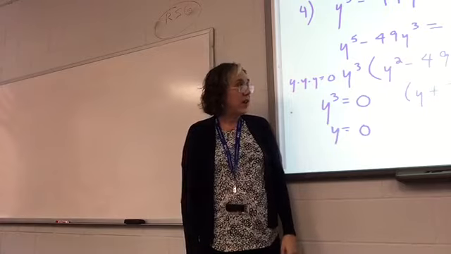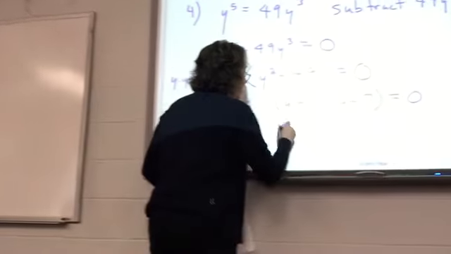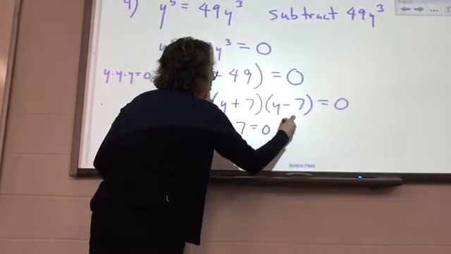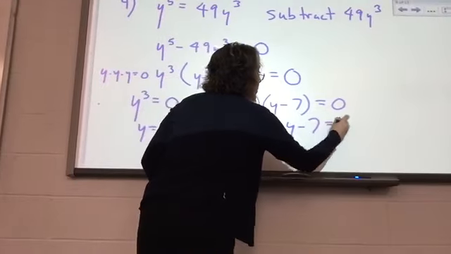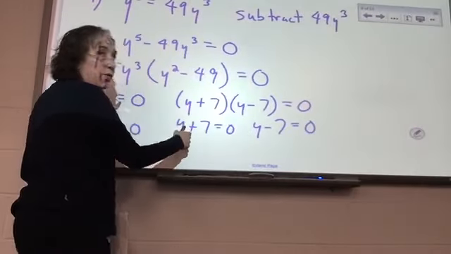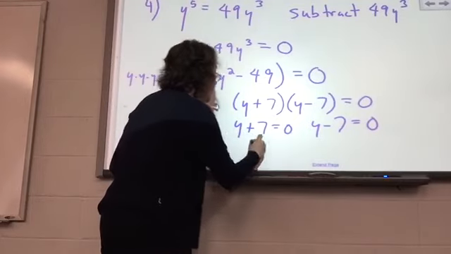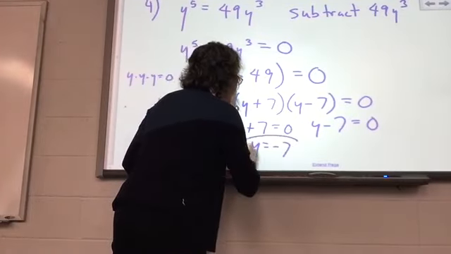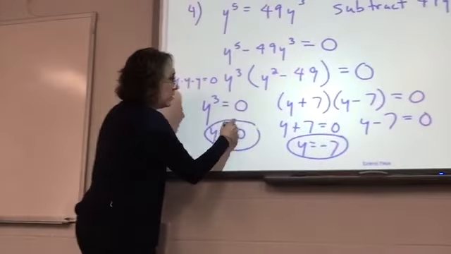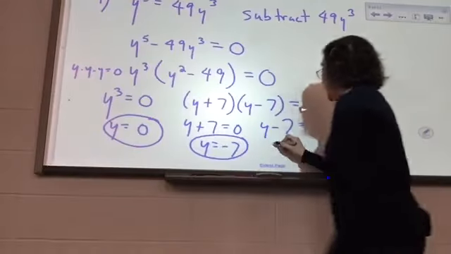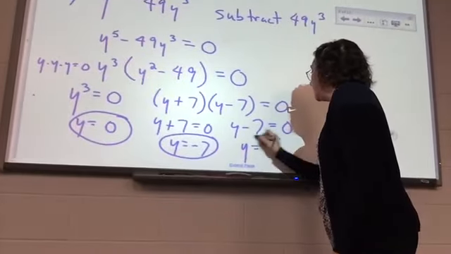It's a difference of squares. And now we're going to set the factors equal to 0 and solve. So this one, can everybody see we're just going to subtract 7? Can we skip over that? Okay, so we get y equals negative 7, 0, and the last one is a 7.